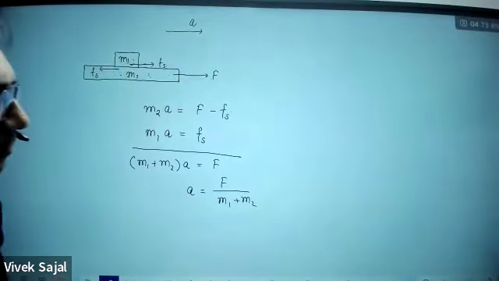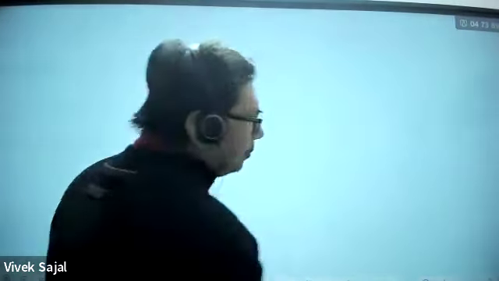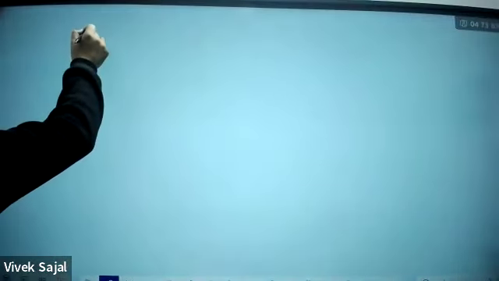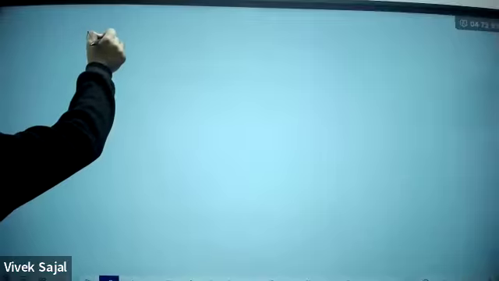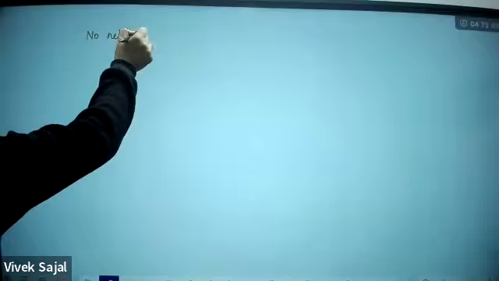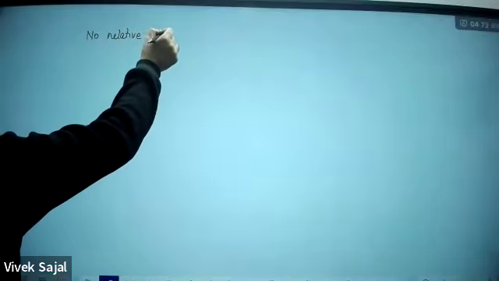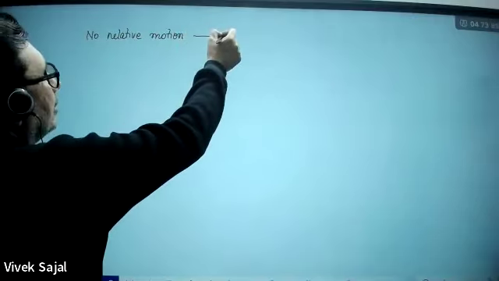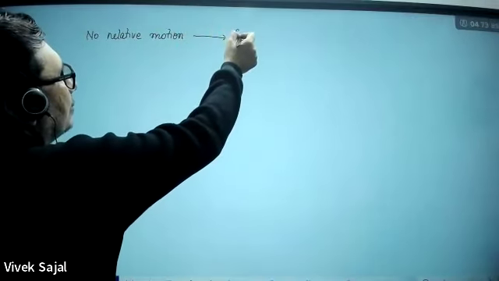So what is the more general rule to draw the direction of friction force? That is very simple. First thing, if there is no relative motion, then you are going to apply Fs, static friction force.